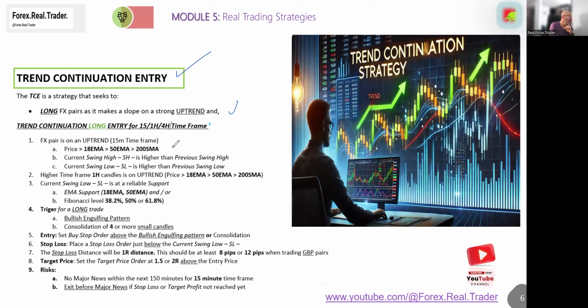Second thing, we can implement it with different time frames. Could be 15 minutes, 1 hour, 4 hour time frames. The thing here is that they have to be aligned, right? Aligned minimum 2 time frames. So if I'm going to trade the 15 minutes, the 1 hour has to be aligned in the same direction.